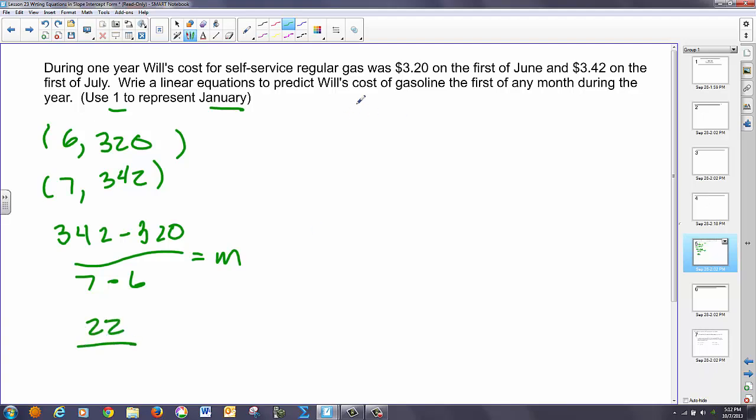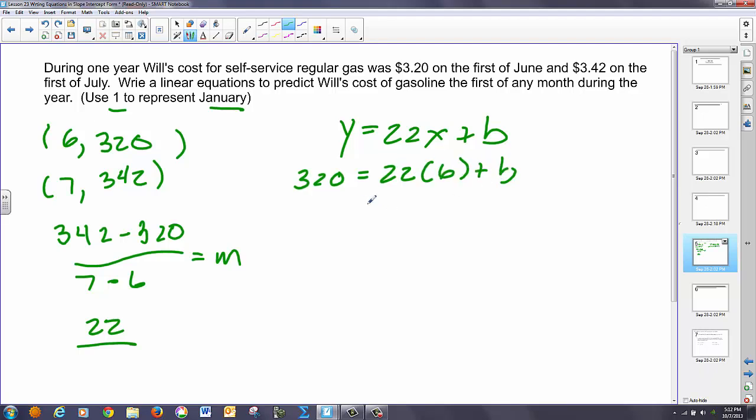which gets us our slope, and that ends up equaling 22. So I have y equals 22x plus b. Plug in our points, we'll take 320 equals 22 times 6 plus b. 22 times 6 is equal to 132.